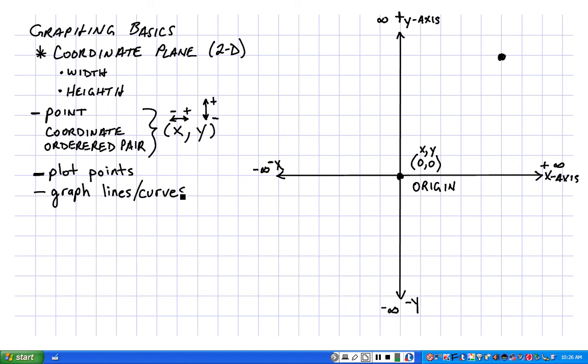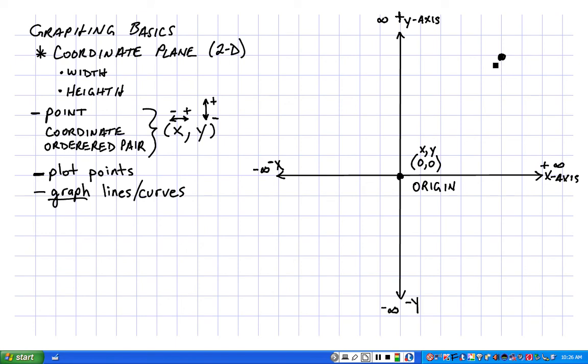So if you see the word graph, then there needs to be some kind of line present. Okay? Connection of dots. But if you just see plot and you don't see the word graph at all, then all you're really talking about is a collection of just individual points, like what we have here. Okay? So we plot points, so think plot dot.